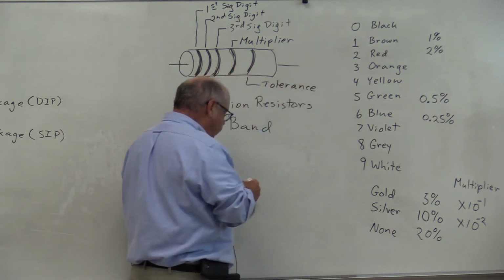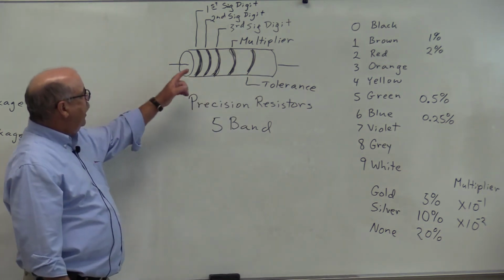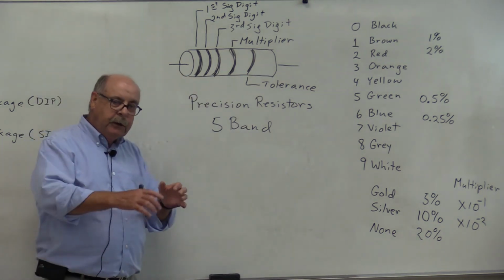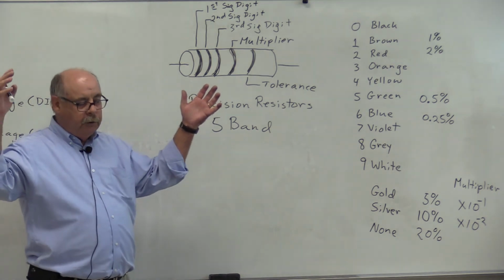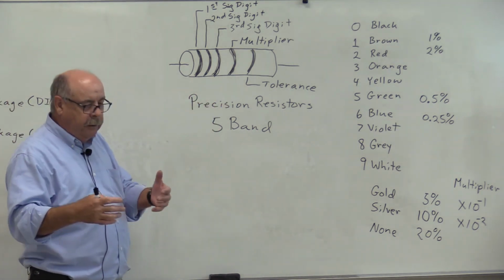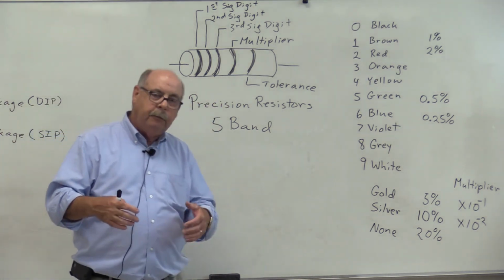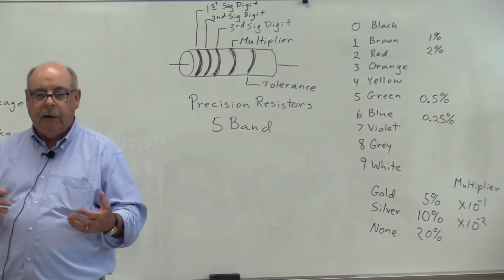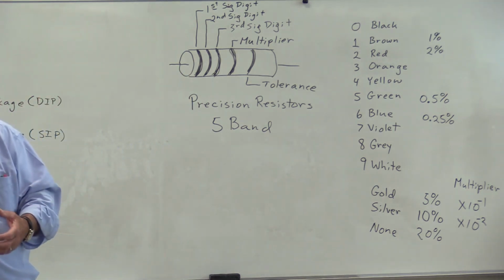With a 4-band resistor, we couldn't really justify having a third significant digit because the range of values was so great that it didn't do me any good to build a resistor that was, say, for instance, 861 ohms.